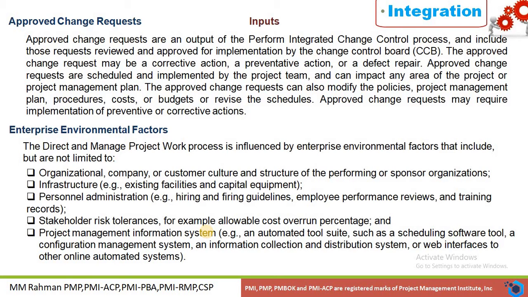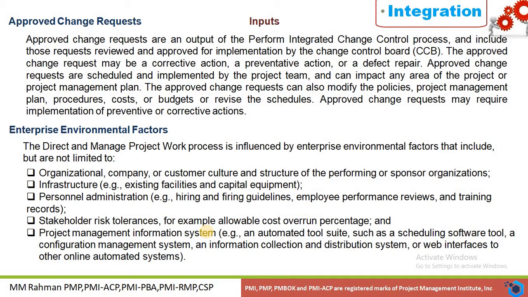They are the organizational, company or customer culture and structure of the performing or sponsoring organization, infrastructure, existing facilities and capital equipment, then personnel administration, hiring and firing guidelines, employee performance review, training records, then stakeholder risk tolerance, for example, allowable cost overrun percentage, the project management information system, then an automated schedule suite, such as scheduling software tools, and configuration management system and information collection and distribution system, web interface or any other online automated system.